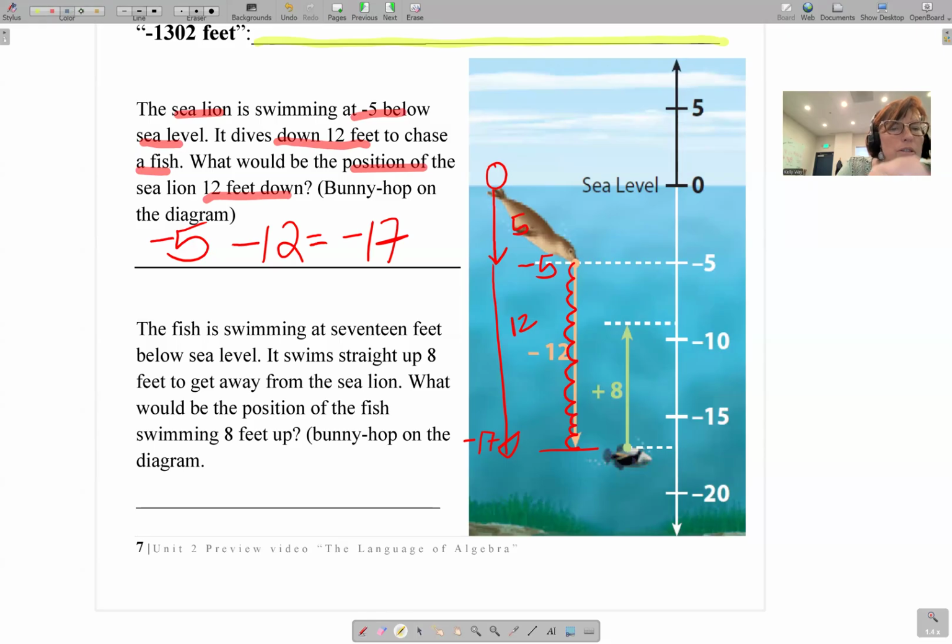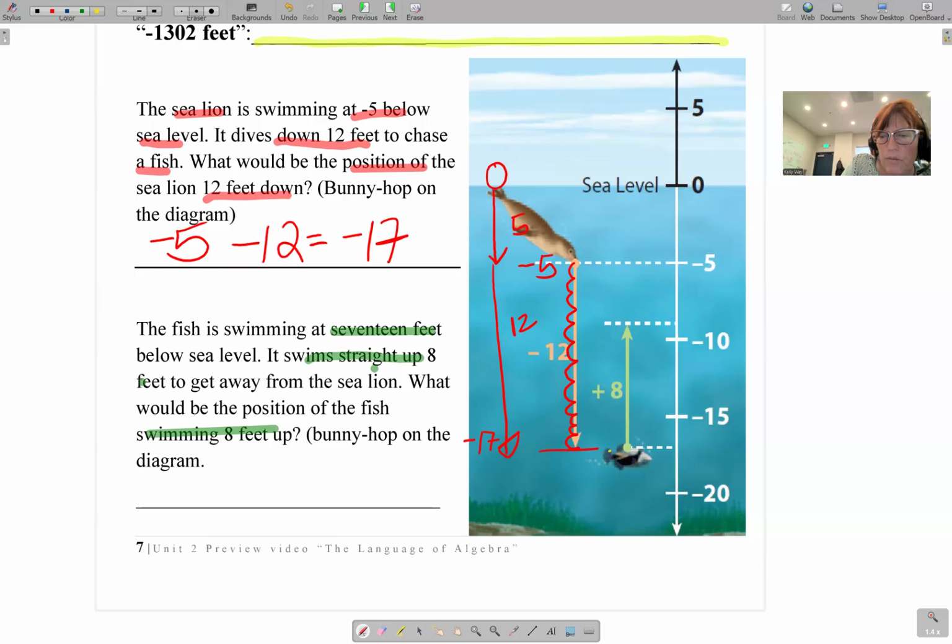Now the fish he's chasing is at negative 17 feet, below sea level. And the fish goes straight up 8 feet to get away from the sea lion. What would be the position of the fish after 8 feet up?